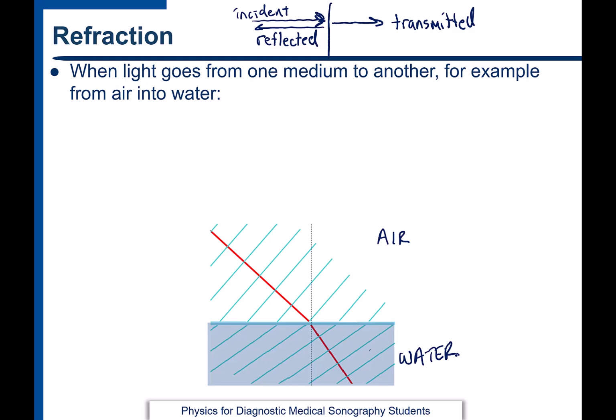So at the interface, the first thing that we're going to see is that some of the light is going to be reflected. And so that's the law of reflection, as we've talked about, just like we did here with our sound waves. But some of the light will be transmitted into the water, and that's the refraction.